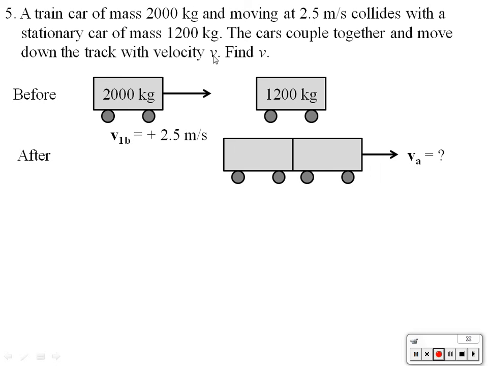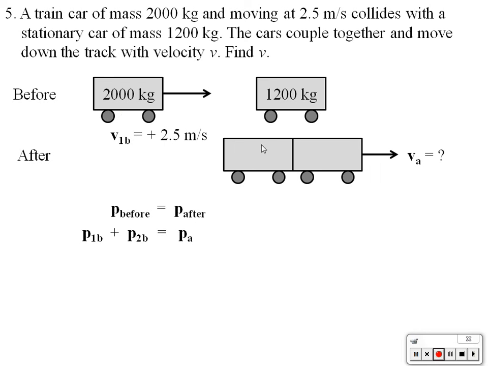Actually, v sub a. Should make that consistent. Oh well, sorry. And so we want that. All right, so P before is equal to P after, just like usual. And now I can say that P before is contained in the momentum of this first train car plus the momentum of the second train car.